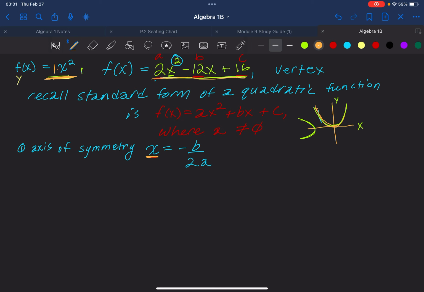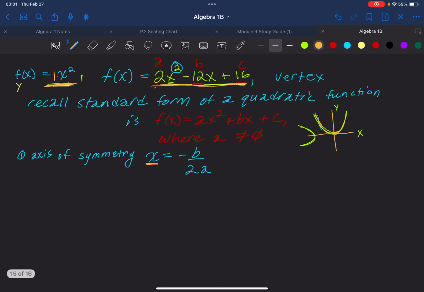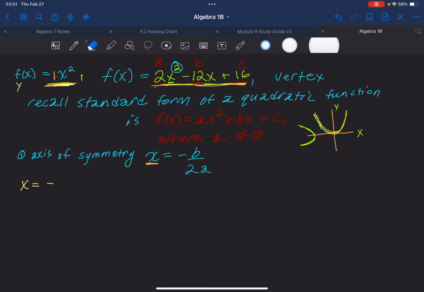Okay, so let's plug that in. So our axis of symmetry for this function will be this. Remember, solve for x. x is going to be equal to negative b. Well, if you notice, we don't have a b term. So I'm just going to put 0 because 0 represents nothing. Then I have 2 times my a term.